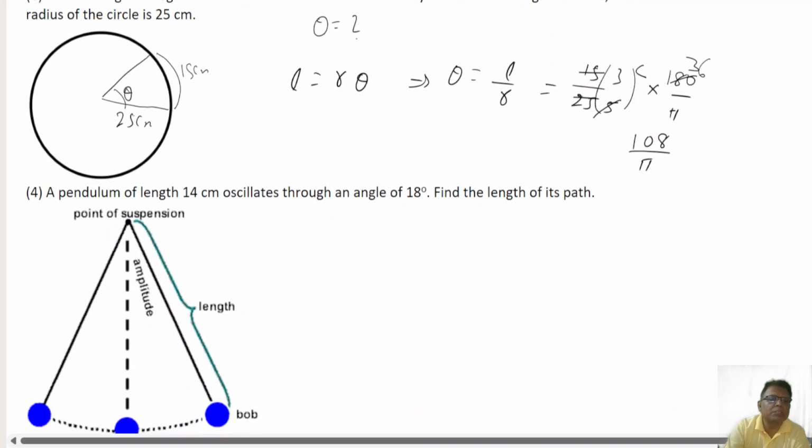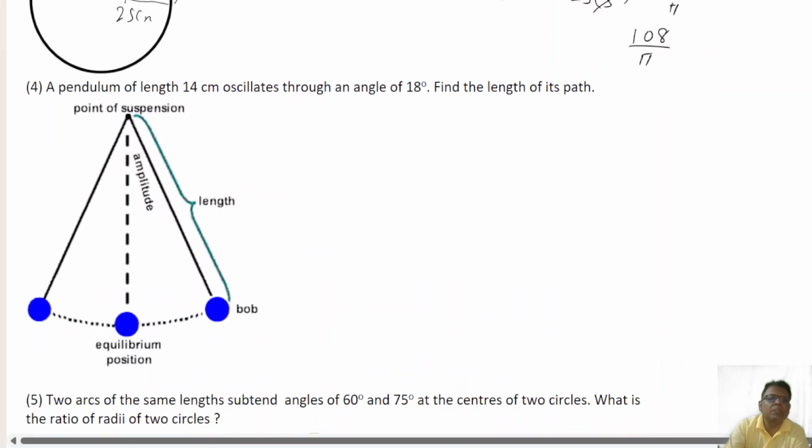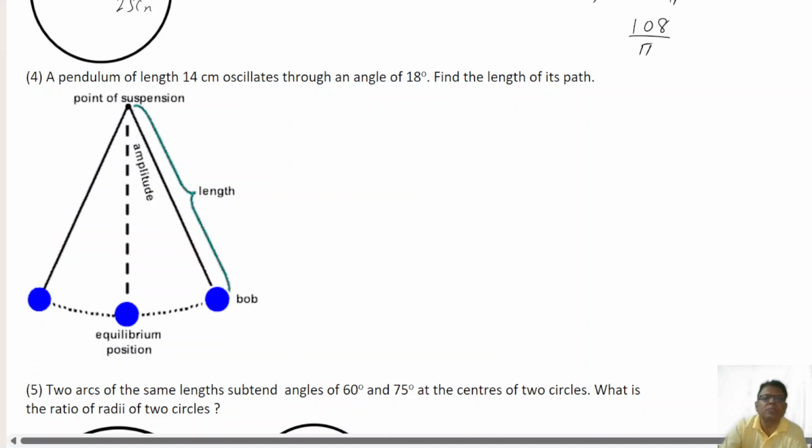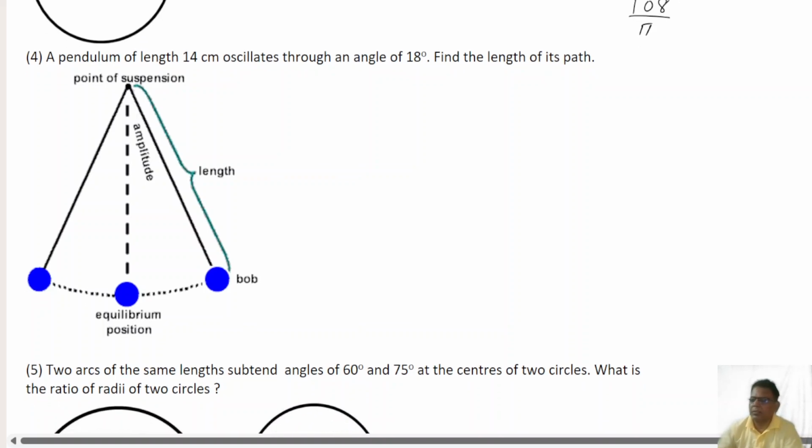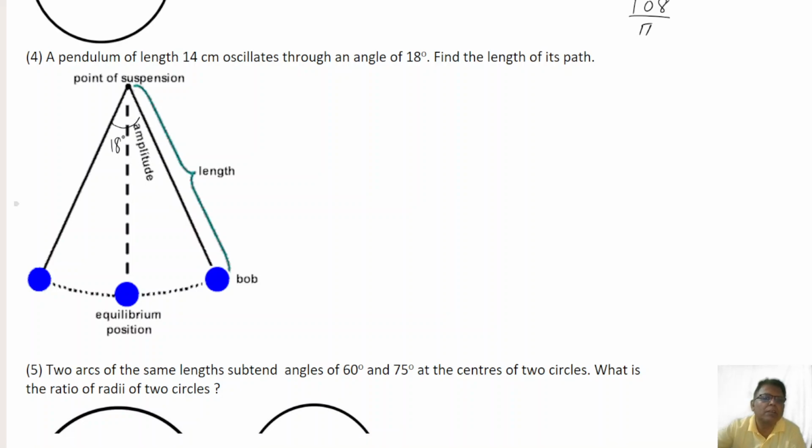The fourth question is telling: a pendulum of length 14 centimeters oscillates through an angle of 18 degrees. That means here the angle is 18 degrees. Find the length of the path of the suspension. This is the path.